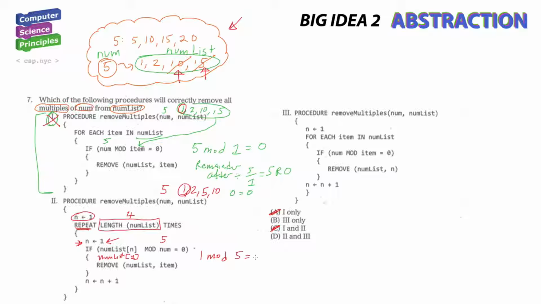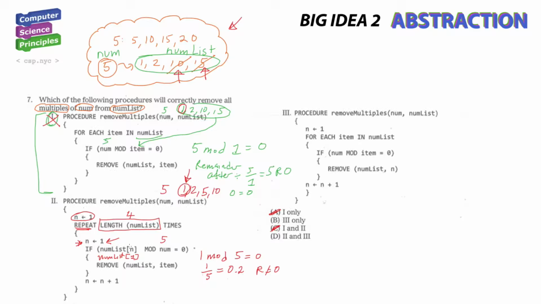If 1 mod 5 equals 0, then remove it. So let's think, is this true? 1 divided by 5, well, that equals 0.2. So the remainder is not 0, so this is not true, so it's not removing it, which actually is good because we don't want it to remove number 1.